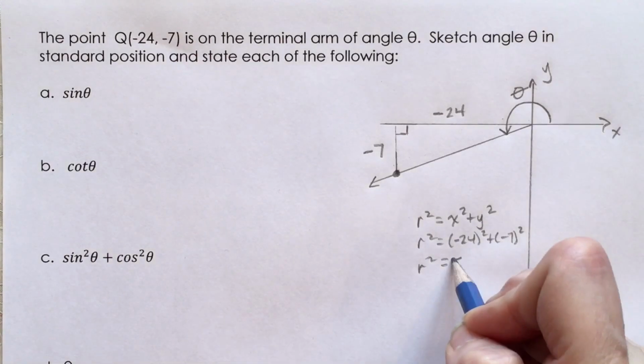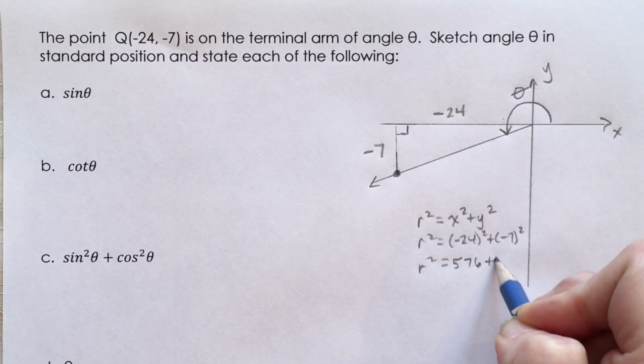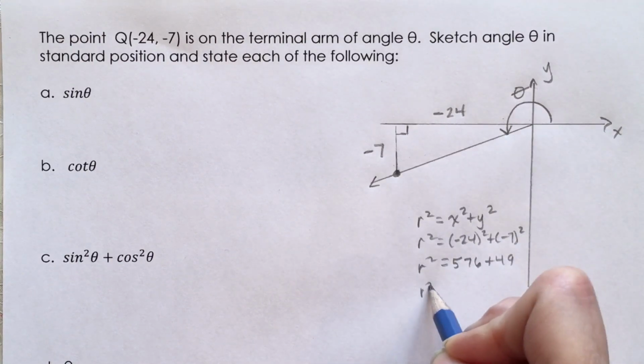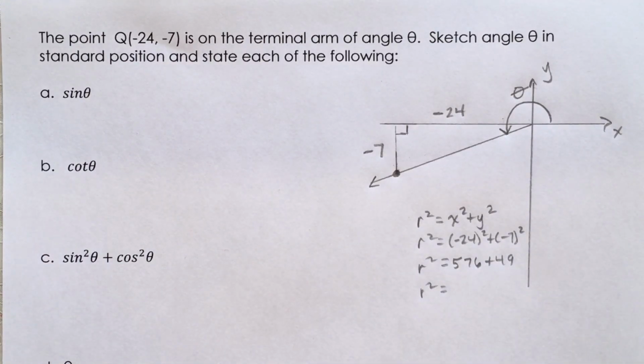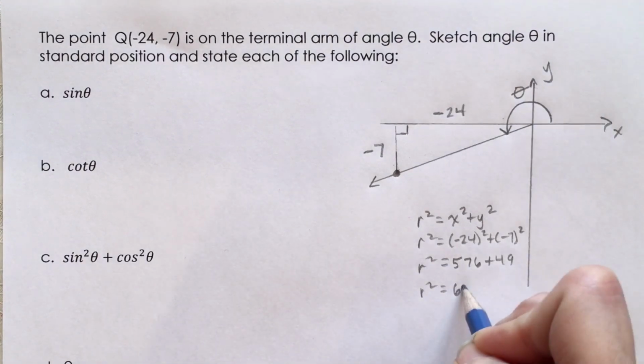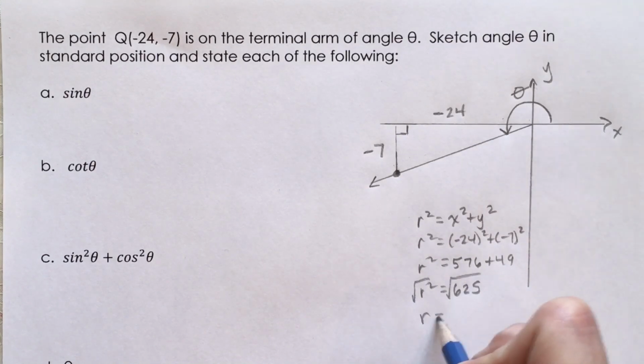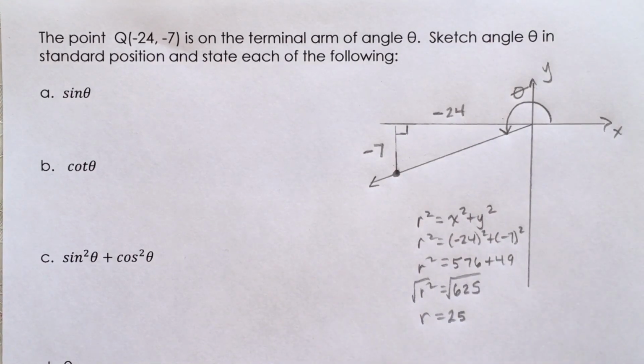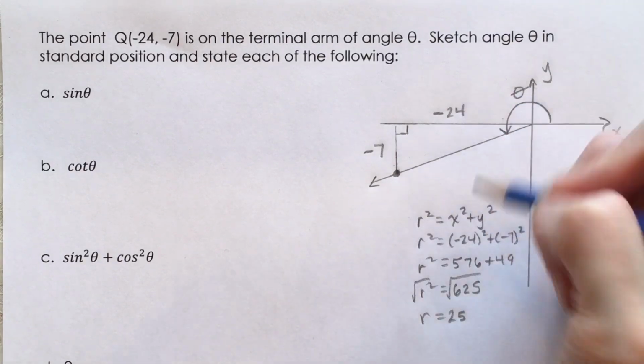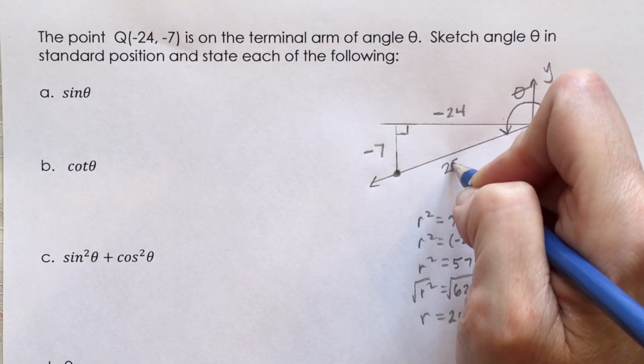So that's 576 plus 49. 625. Square root both sides. And we get that the radius is 25. Remember, always positive, doesn't matter which quadrant we're in.